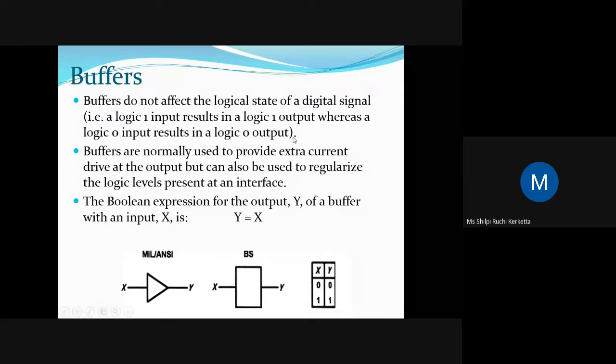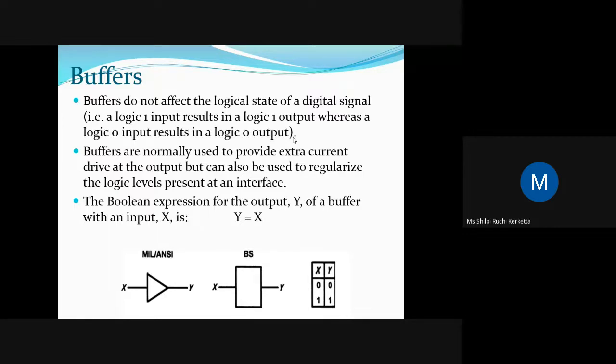Whatever input we give, logic 1 or logic 0, the buffer does not affect the output of the logic signal. It only increases the strength of the signal. So buffer, as a term, means it enhances the signal.